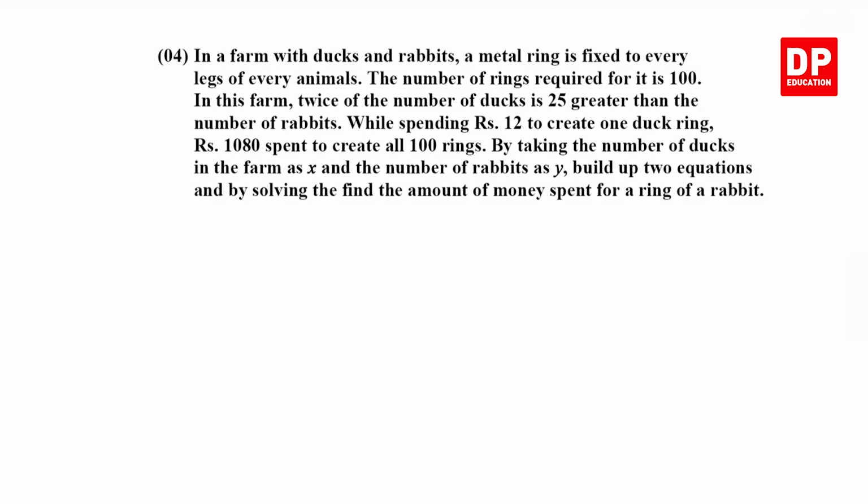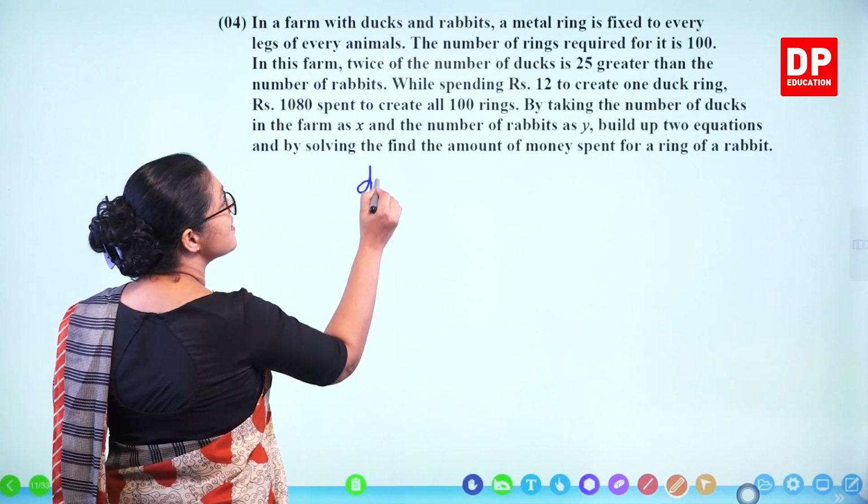In a farm with ducks and rabbits, a metal ring is fixed to every leg of every animal. The number of rings required for it is 100. In this farm, twice the number of ducks is 25 greater than the number of rabbits, while spending 12 rupees to create one duck ring, 1080 rupees spent to create all 100 rings. By taking the number of ducks in the farm as x, so that's the main part.